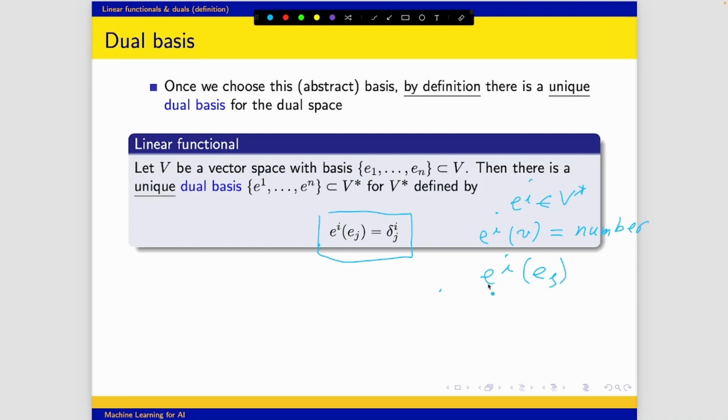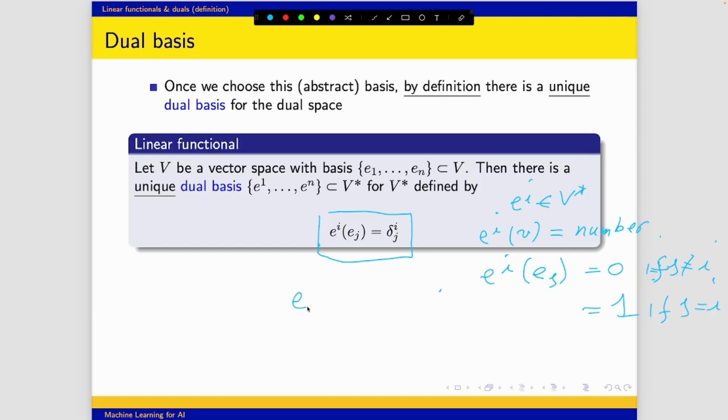So we define the ith one so that when we act on the jth basis vector in here, we get 0 if j is not i. But if j equals i, we get 1. That's how we define it.